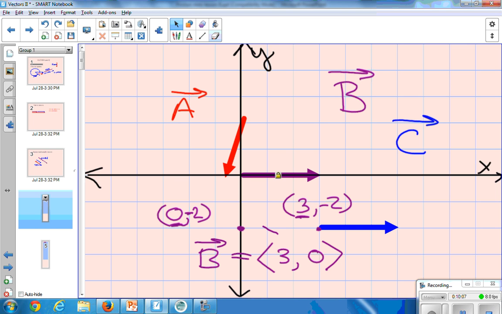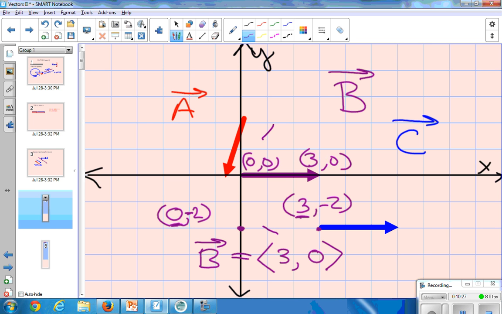Well, it's on the origin. That makes it really easy. This point is 0, 0. This point over here is 3, 0. Makes it pretty easy. We start from 0. So what is this vector? Well, I think you probably know. It's ⟨3, 0⟩. We moved 3 to the right. We didn't move up or down. The same value. Doesn't matter where we move it.